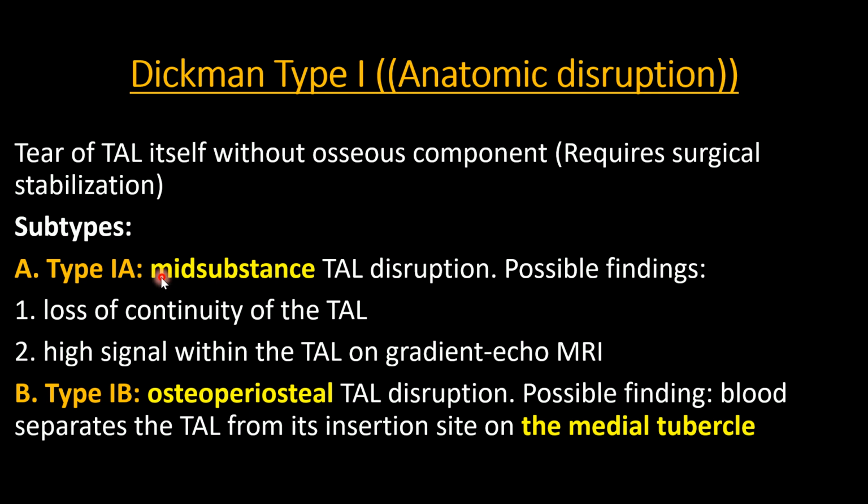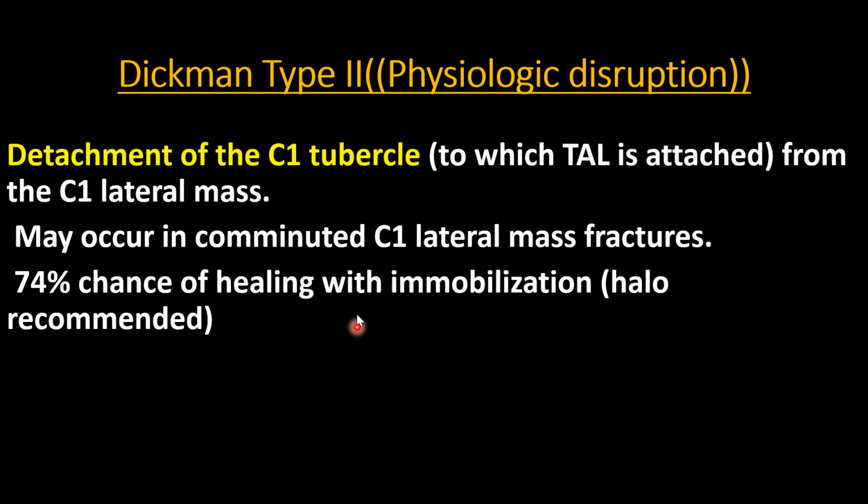Type 1, if the injury is mid-substance, it is called type 1A. If it is in the osteoperiosteal area, it is called type 1B. And in Dickman type 2, there is detachment of the C1 tubercle to which the transverse ligament is attached.